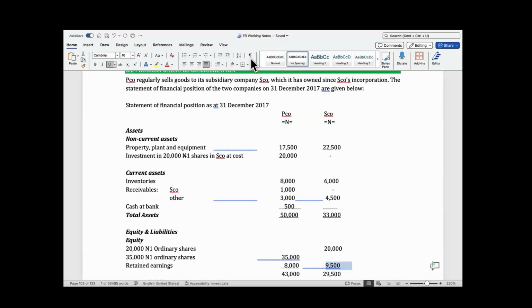I just want to confirm, does this have anything to do with cost or fair value, that we need to consider the cost of fair value? Because 20 is 20. Okay. All right. No. So, sorry, I wanted to say that they said that Pico already owned ESCO since incorporation.